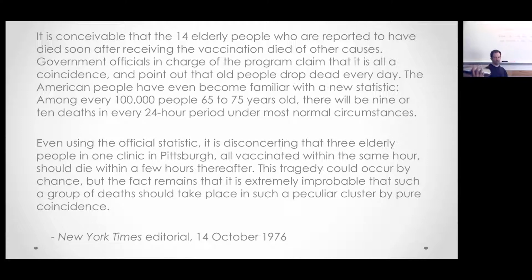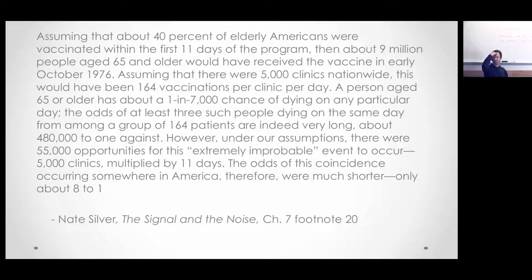So Nate Silver, being Nate Silver, said, okay, let's calculate how high the probability is. So here you go. Here's what he did. Basically, he takes the death rates for elderly Americans, which he defines as 65 or older.